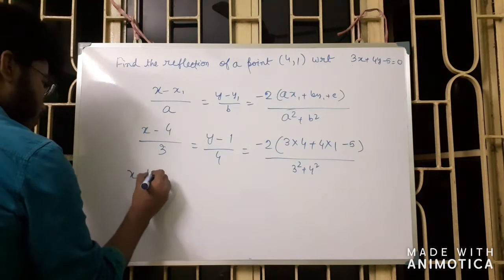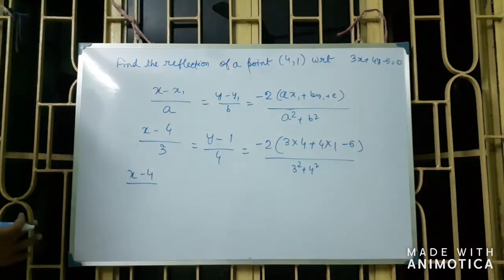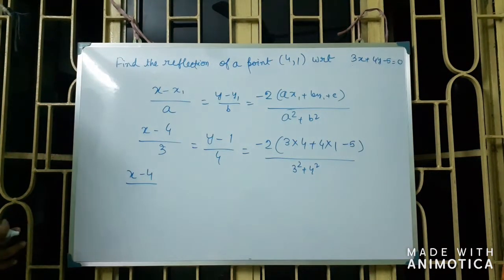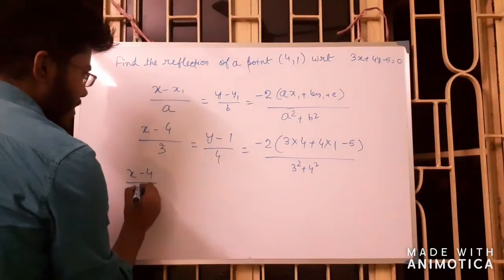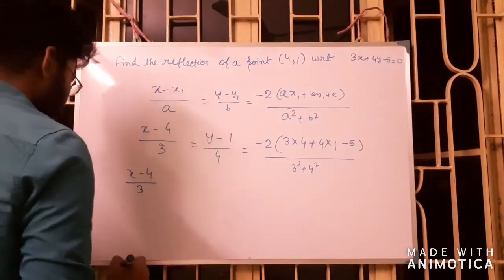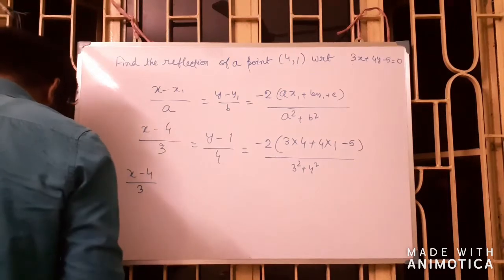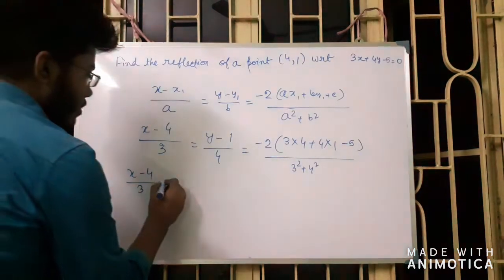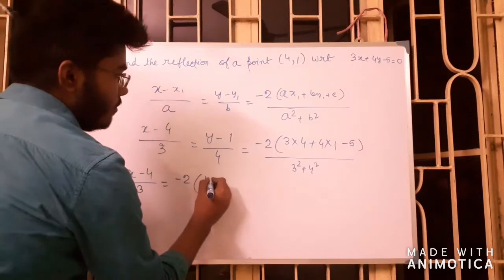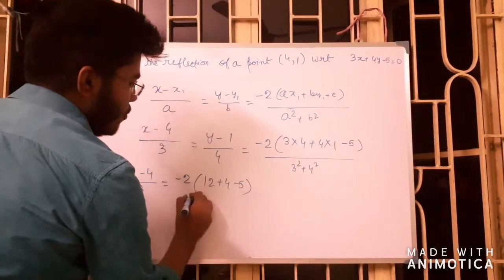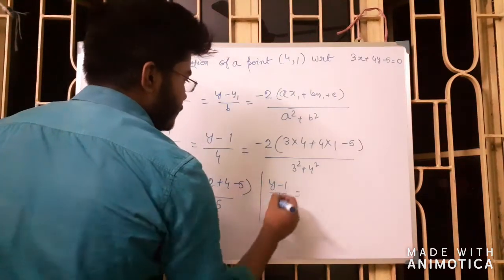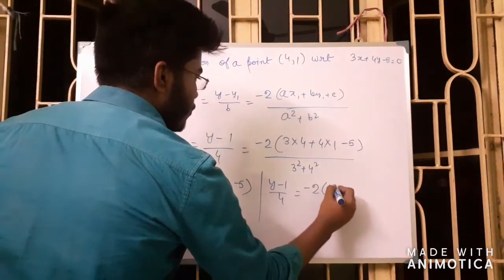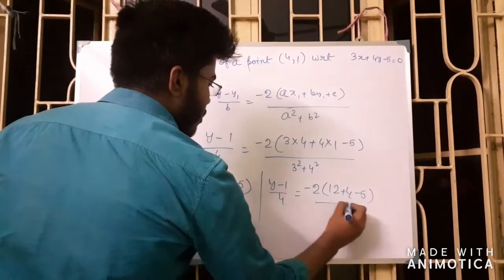So (x minus 4) upon 3 equals minus 2 times (12 plus 4 minus 5) upon 25, and (y minus 1) upon 4 equals minus 2 into (12 plus 4 minus 5) upon 25.